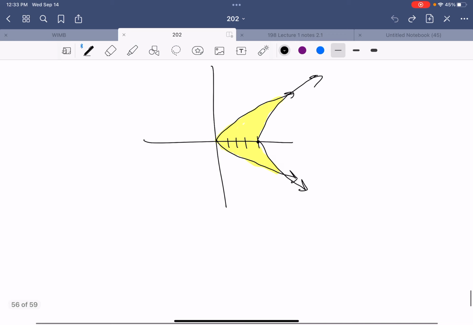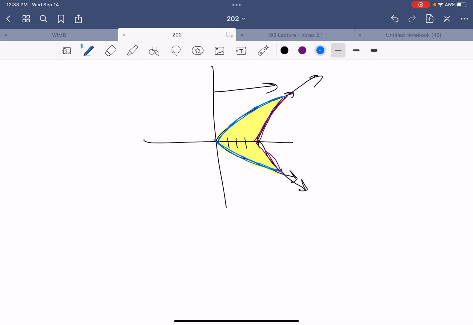Okay, so instead of thinking up and down like I did last time, I'm going to be thinking left and right. So this direction, right? And so my top function here is this one, and my bottom function is this one, if I'm looking at it right to left.